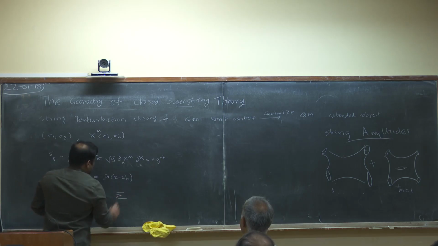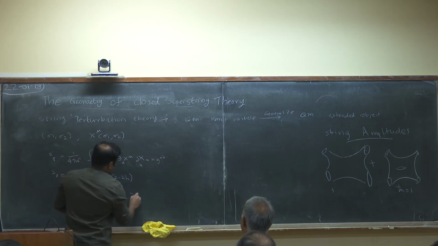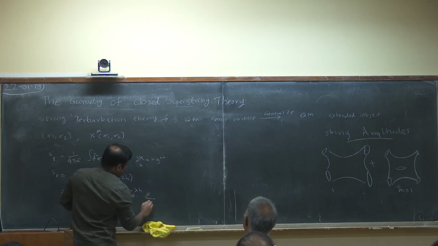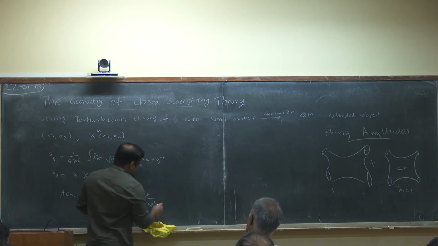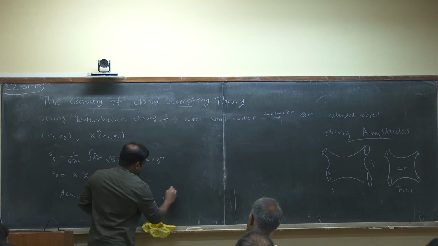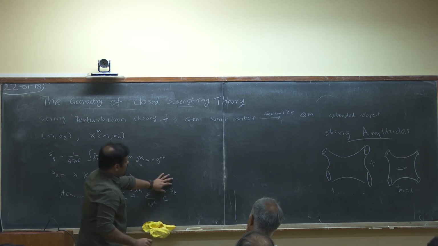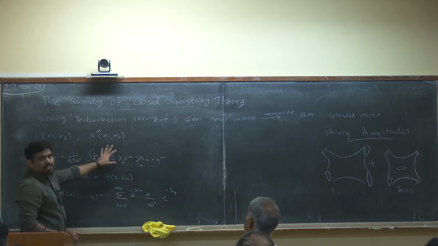Then you have a sum over handles h running from 0 to infinity with a factor e raised to minus lambda h, and then you have a sum over all possible world sheets having h number of handles and a specified number of external states. And then you have the weight factor given by the Polyakov action. Here one should note that I am using the Euclidean spacetime and Euclidean world sheet.